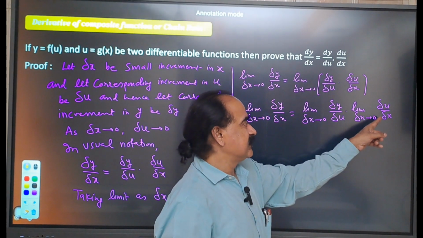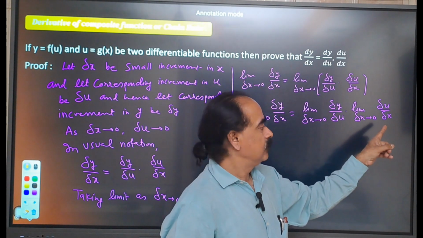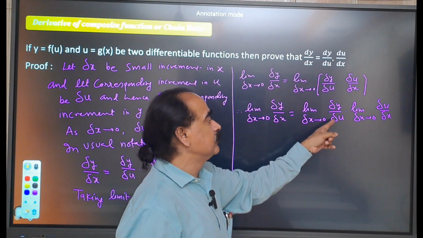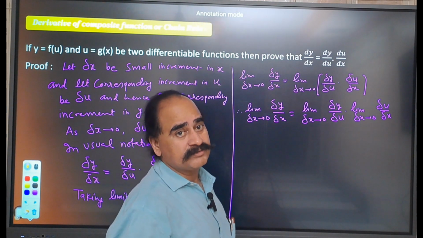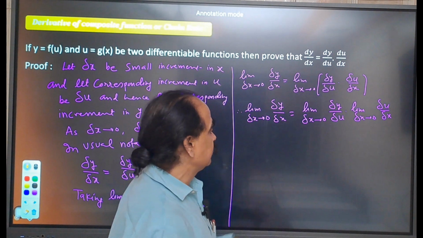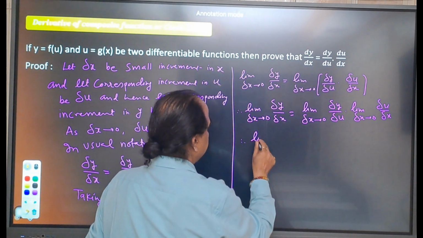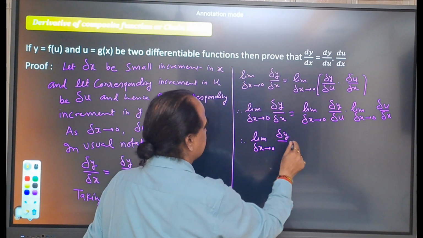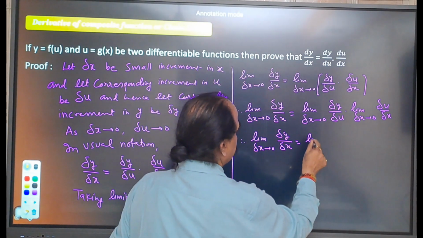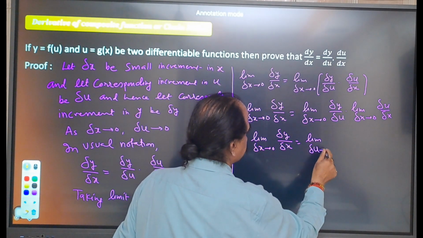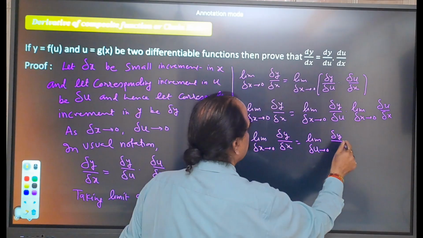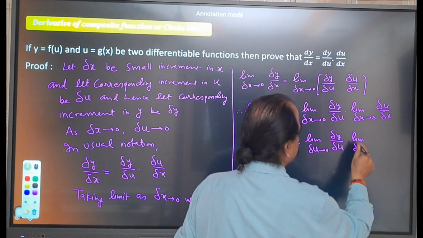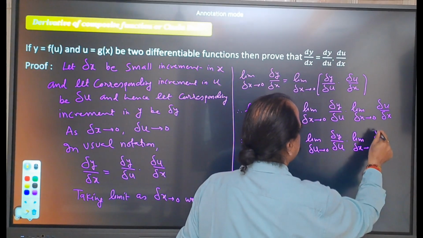In this case, in denominator delta x and delta x is approaching to 0. Whereas here in denominator we have delta u, whereas delta x is approaching to 0. We want delta u also tends to 0. So limit delta x tends to 0, delta y by delta x equals limit delta u tends to 0, delta y by delta u into limit delta x tends to 0, delta u by delta x.